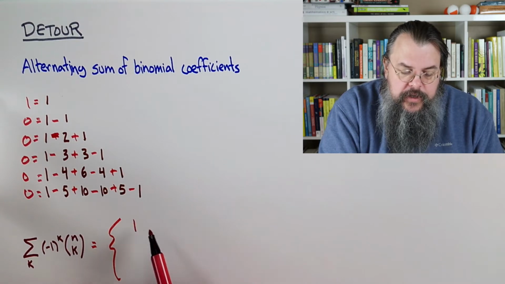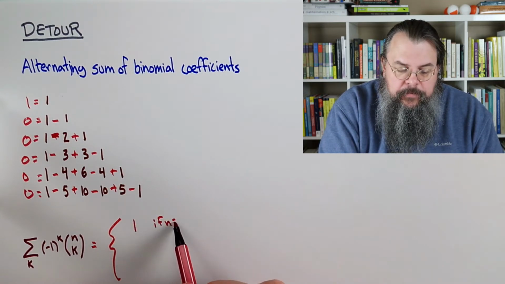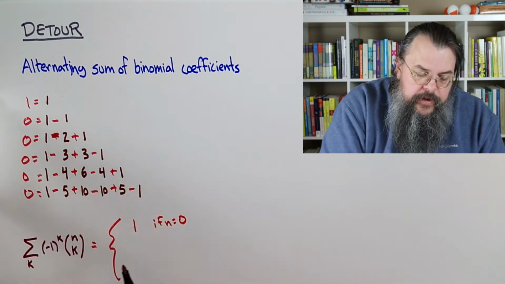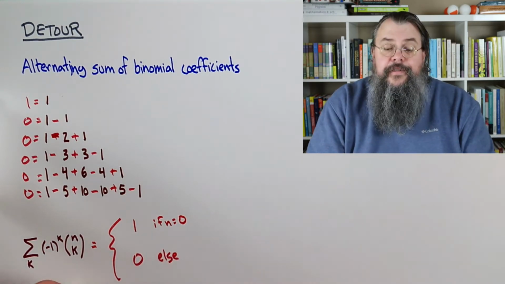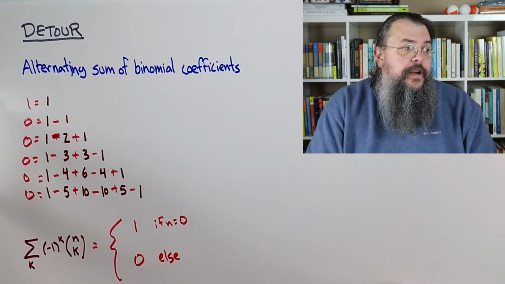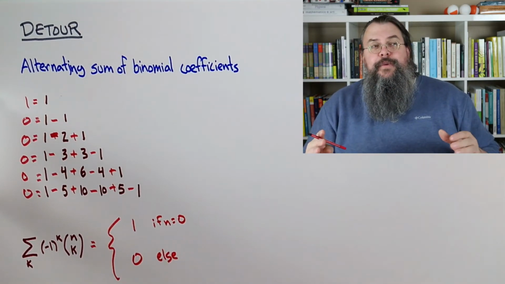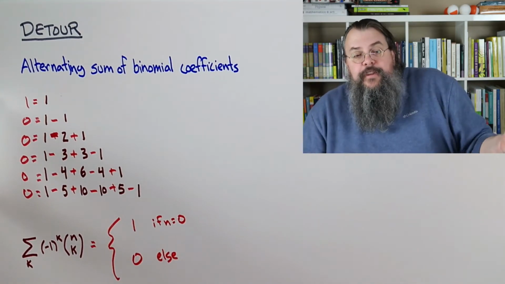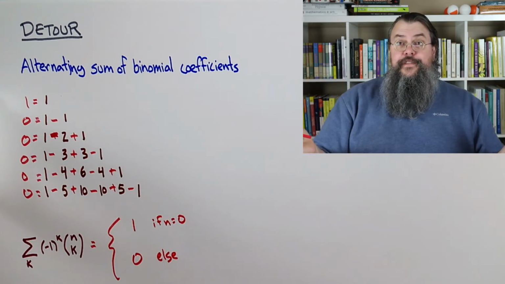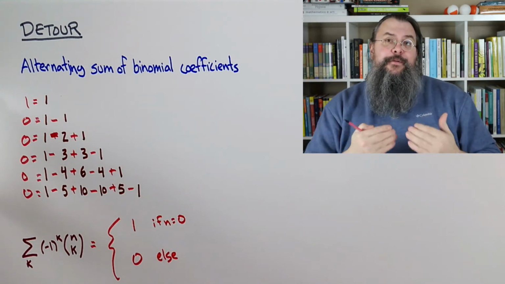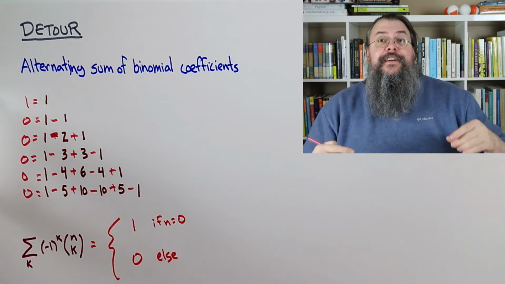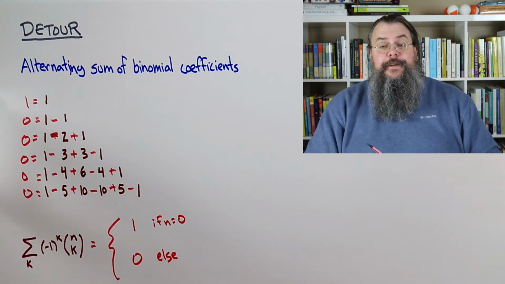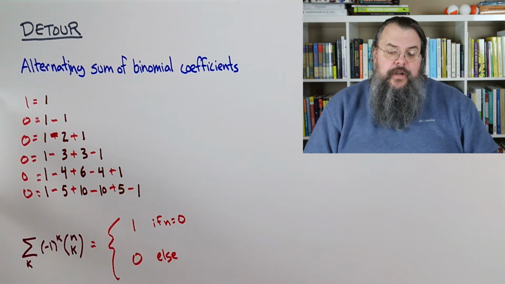So this is 1 if n equals 0, and otherwise, we get 0. That, at least, seems to be the pattern. We have to be careful here, because we can't just say it seems to be the pattern, and therefore it is the pattern. That's not how math works. What we can do is say, this seems to be the pattern. Now, let's verify it.